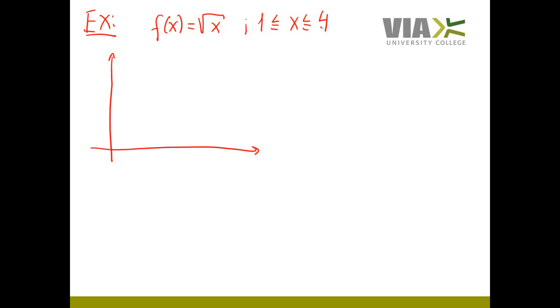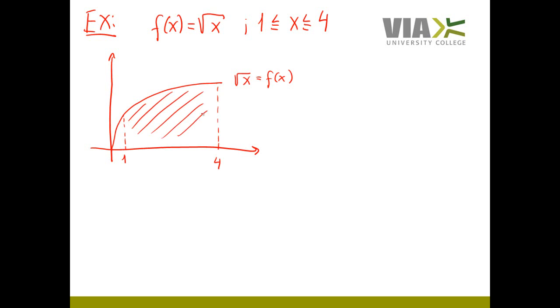If we start by sketching the graph for f(x) equals the square root of x, it looks something like this. And since we are only limiting x to be in between 1 and 4, that must be here. That's when x is 1, and here that is when x is 4. So we're looking just at this part here.